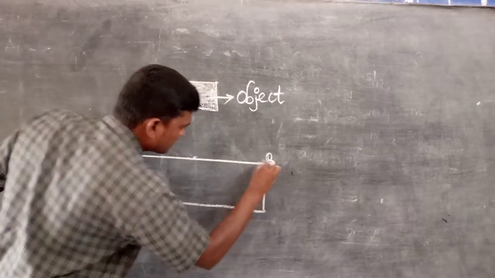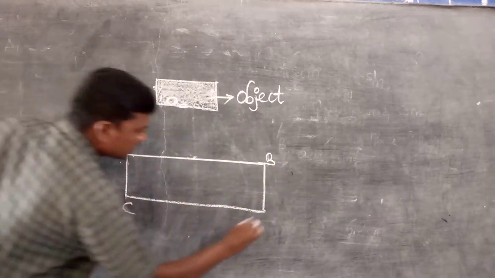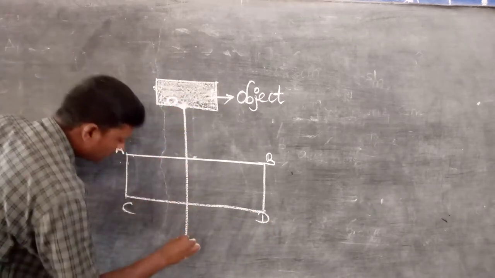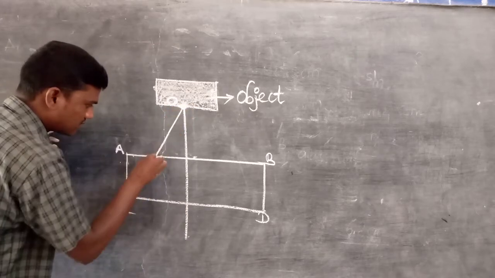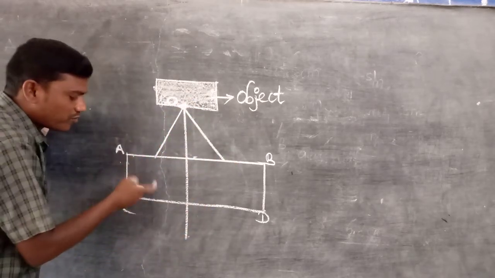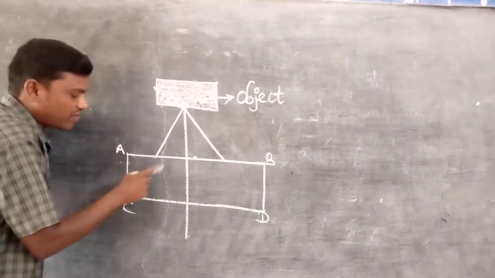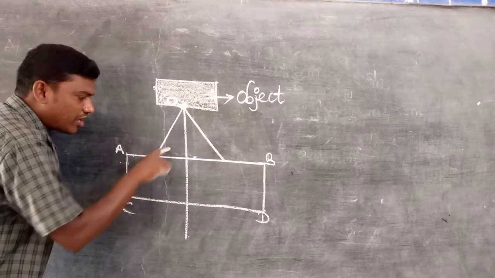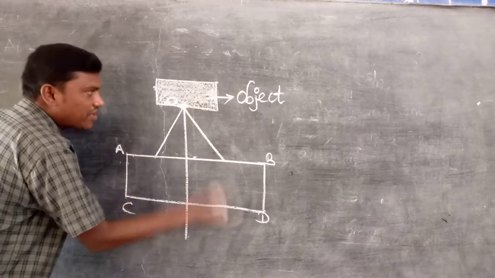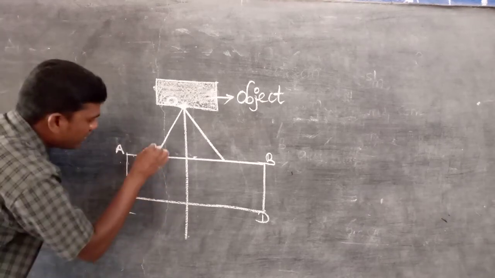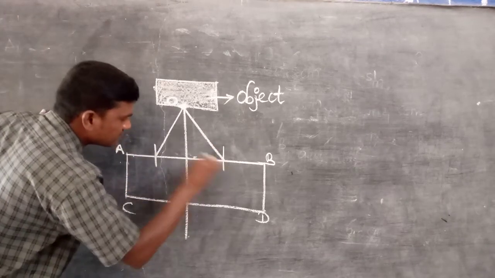Its vertices are A, B, C, D. Where we are not in the denser medium, that's why we change the diagram. The previous one is in the denser medium. Actually, you see from inside, from the CD side, you see the object through that glass slab. That's why we can see it here.